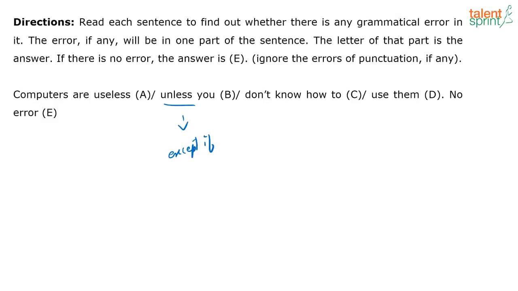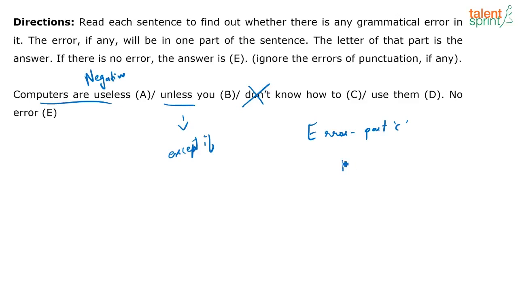That's the meaning, which means the error is in part C. And I need to delete this don't, because I can't have two parts giving me a negative meaning. Computers are useless is already negative, and then I have the clue word unless, which means except if you know how to use them. That's the correct meaning. That completes the meaning logically in the context.